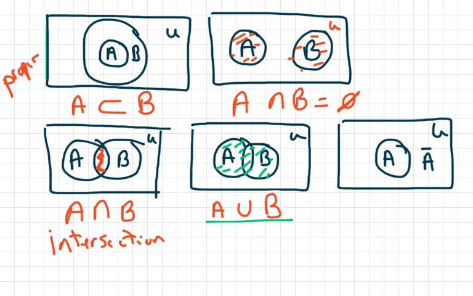So that would be the whole set here. And then we just got through talking about the complement. The complement are all the items that are in the universal set, but that are not in the original. So this is called the complement of A.